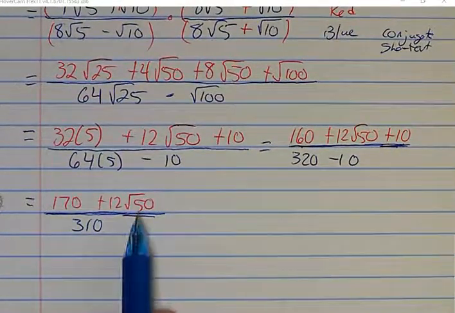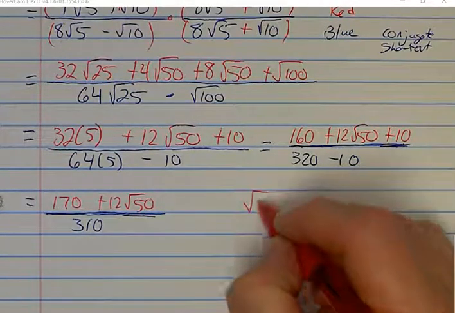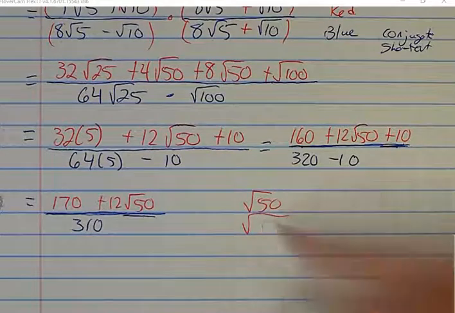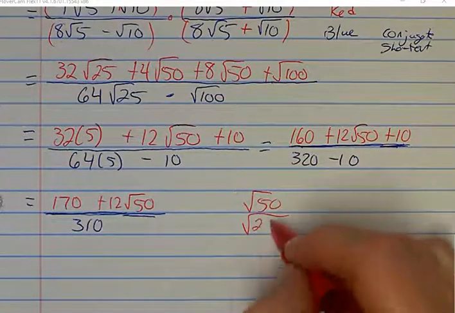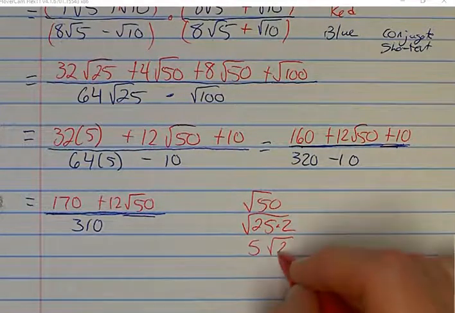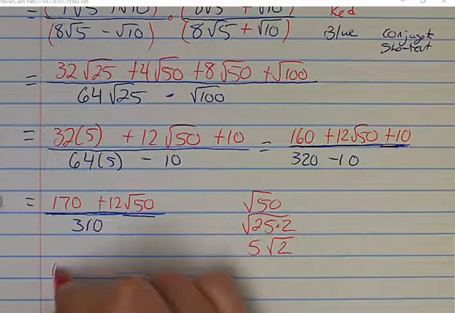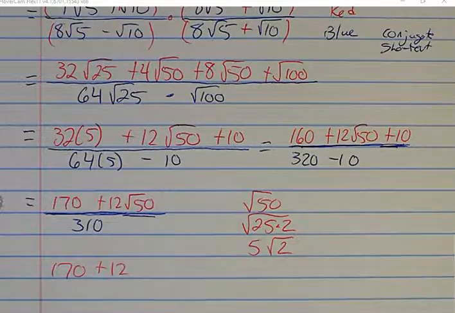Because can you take square root of 50 and break it down? You can, right? We can do 5 times 10, but couldn't you also do 25 times 2? So that makes that one 5 square root of 2. So we've got the 170 plus the 12, and we're going to take that square root of 50 and replace it with 5 square root of 2.